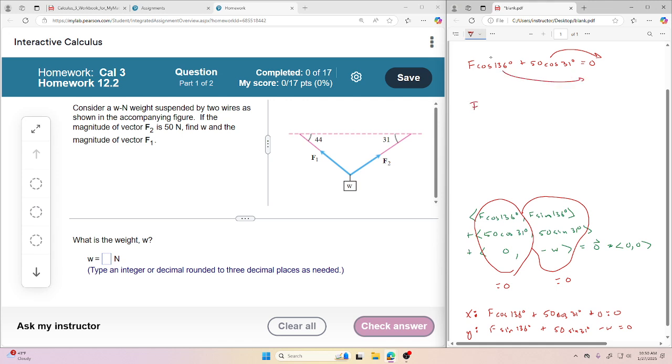Very good. Start over. Keep going for the highlighter. Don't want the highlighter. So yeah, F would be equal to negative 50 cosine 31 divided by cosine of 136. Why did I put co 31? There we go.